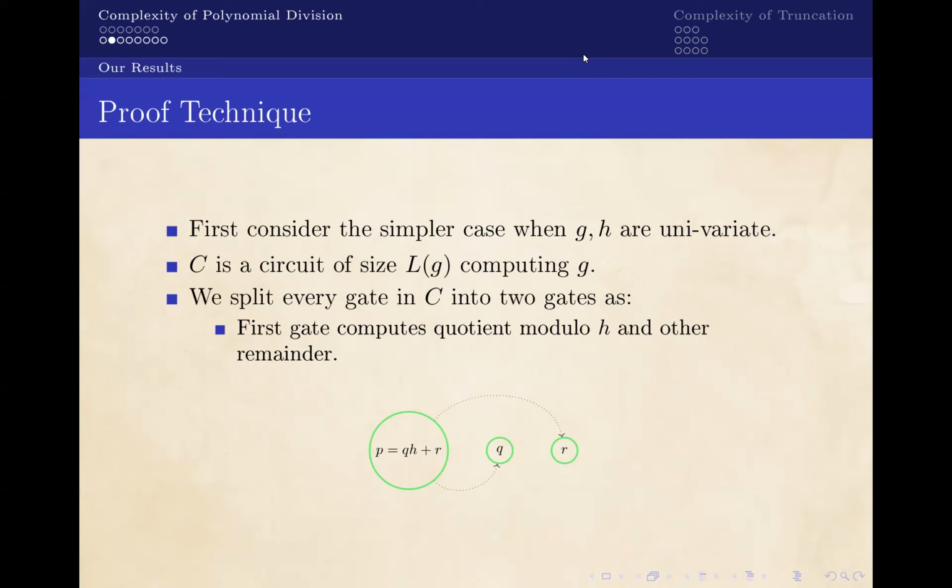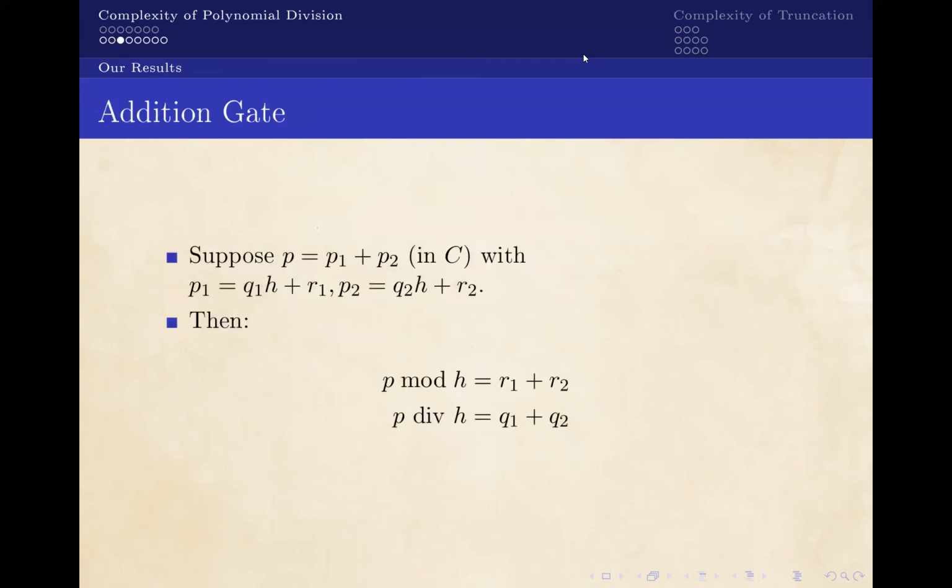So we can write P as QH plus R, where Q is the quotient when I divide P by H, and R is the remainder. In the new circuit, what I want is that I should have two gates. One computes Q and another computes R. And then I can just propagate these quotients and remainders as I traverse the circuit upwards.